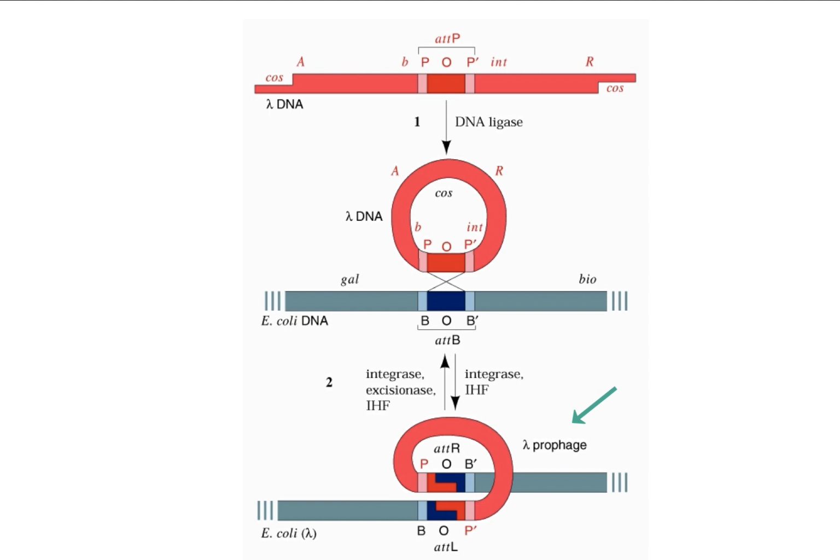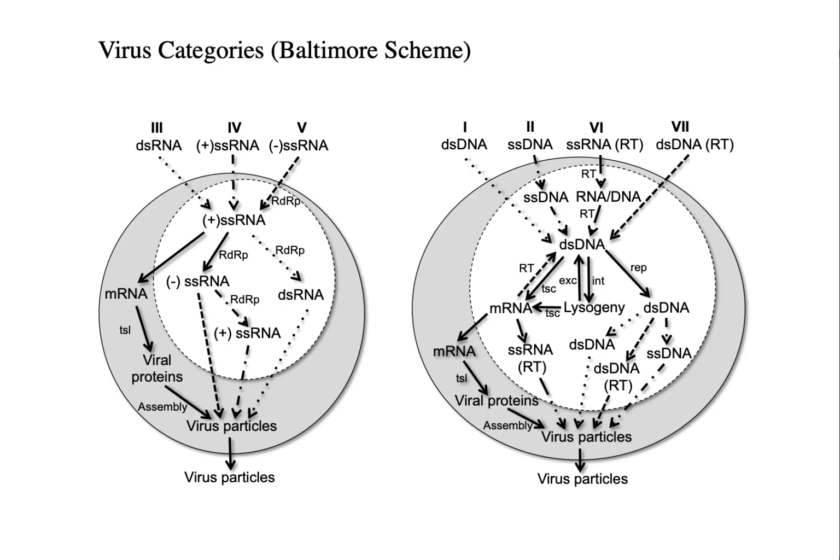So it remains, at least for a number of replication cycles, in the bacterial chromosome. In the case of viruses for eukaryotes, which have a nucleus, there are 7 different types in the Baltimore classification scheme.